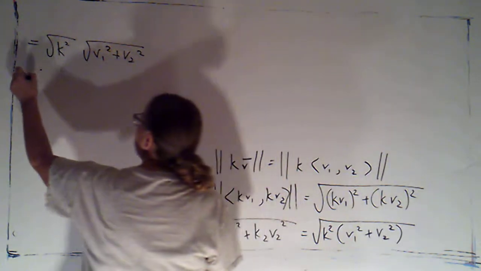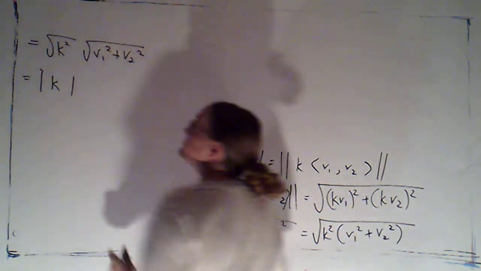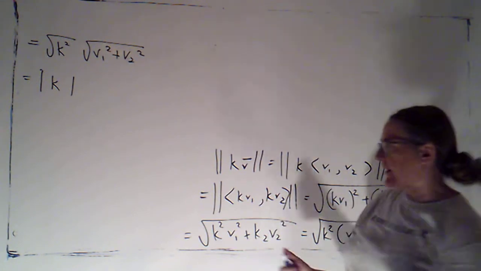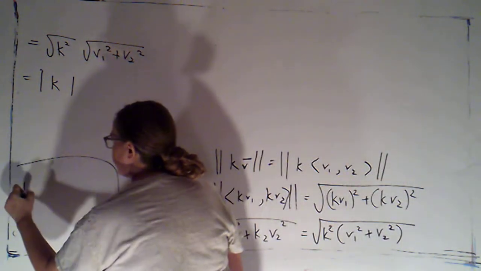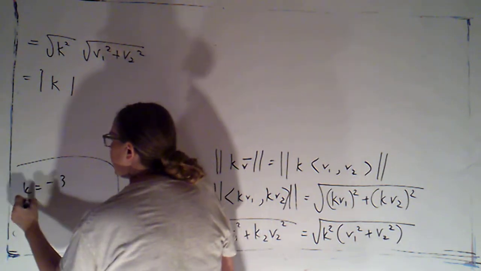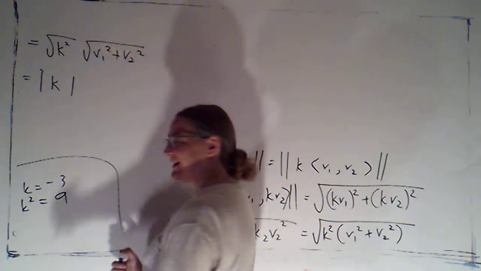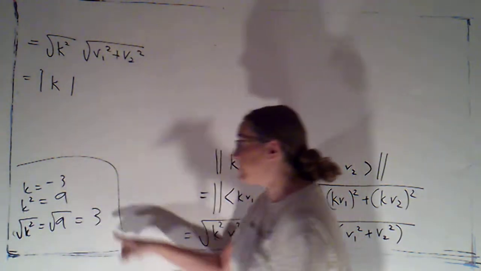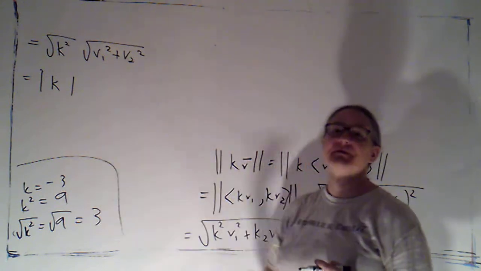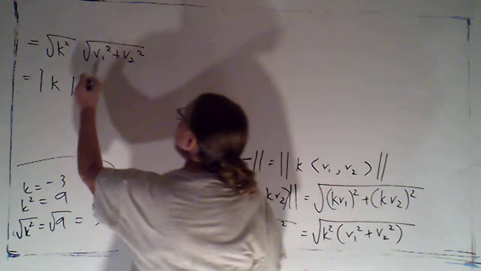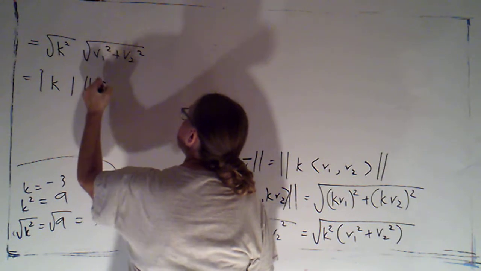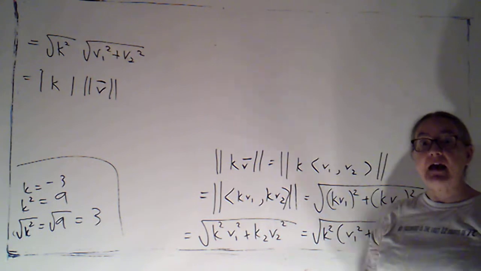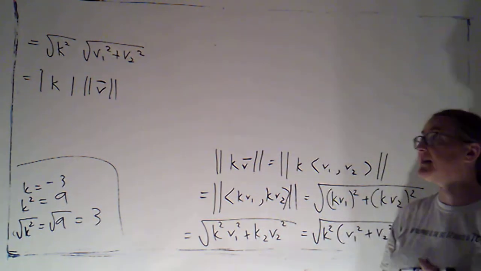The square root of k squared is the absolute value of k. Imagine if k was negative. If k was negative 3, k squared would be positive 9. The square root of k squared would be the square root of 9, which is 3. It's not k, it's the absolute value of k. And then this, of course, is just the magnitude of v.